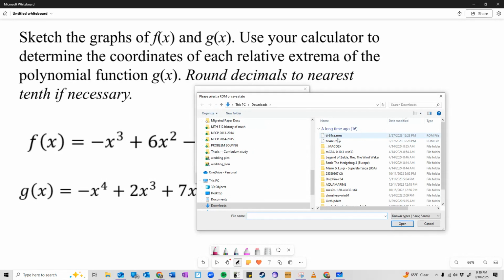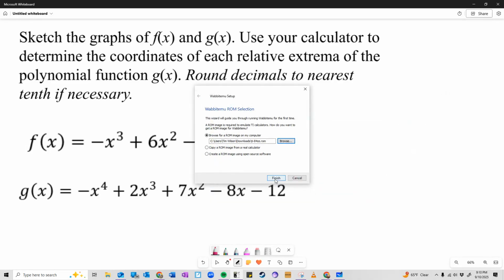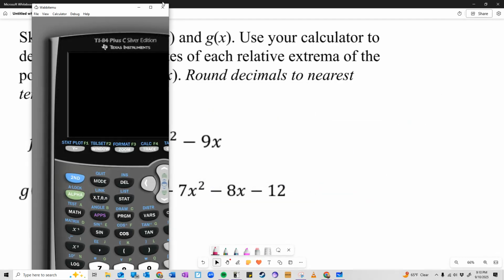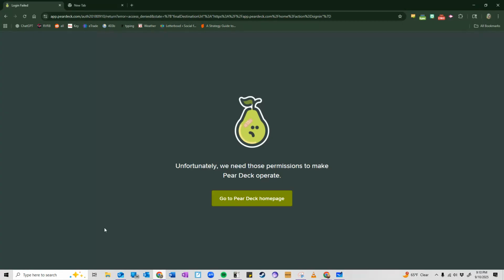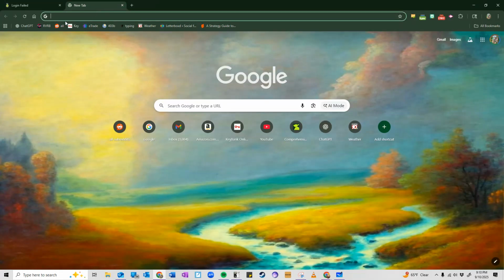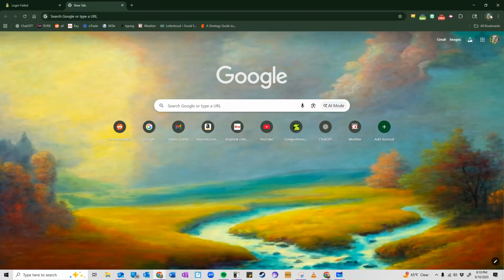Oh, which ROM is it? Sorry about this. Not that one. You know what? I'm going to use the calculator that's on Google Classroom.